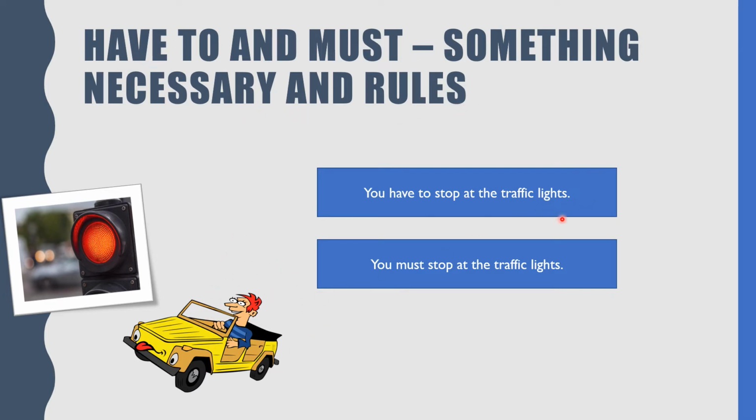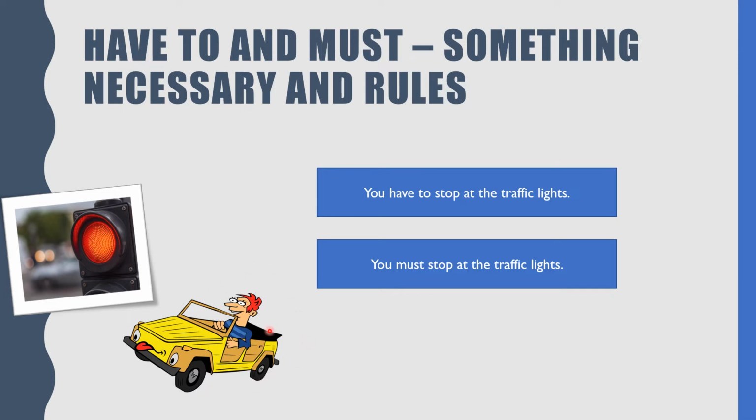What did he do? He was driving, he saw the red light, he stopped because he must stop, because it's a rule. So you say you have to stop at the traffic lights or you must stop at the traffic lights, where the driver had no choice.